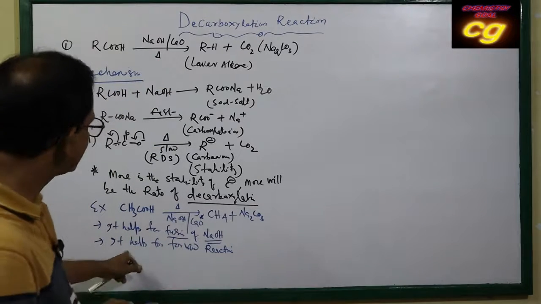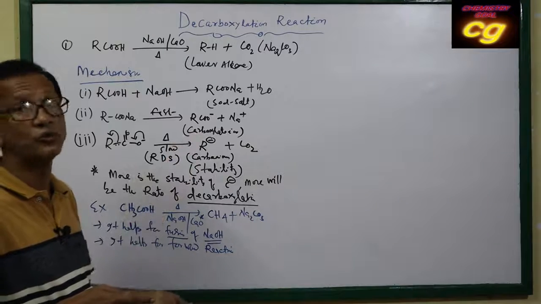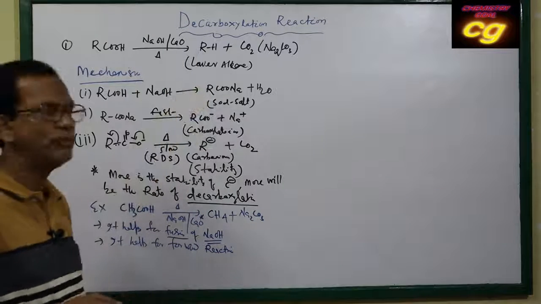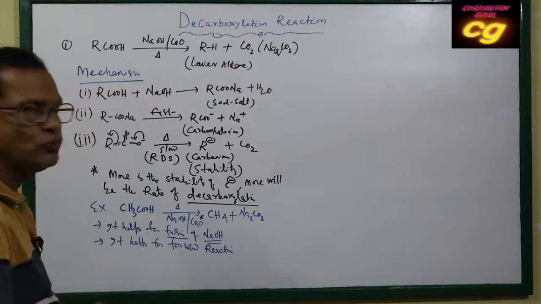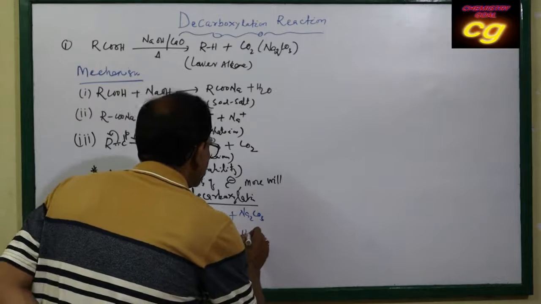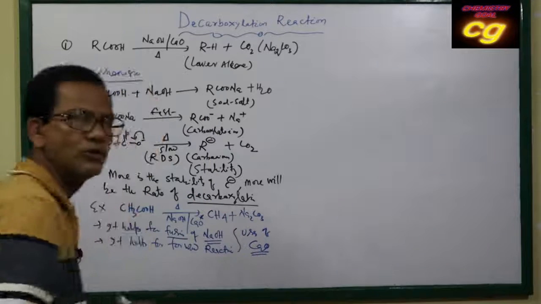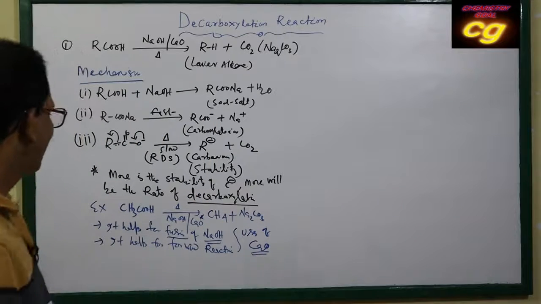So the amount of alkane will be more. These are the two uses of calcium oxide.